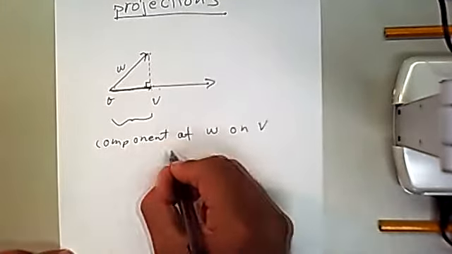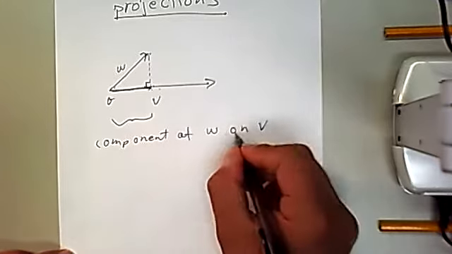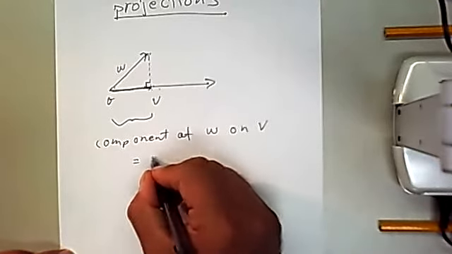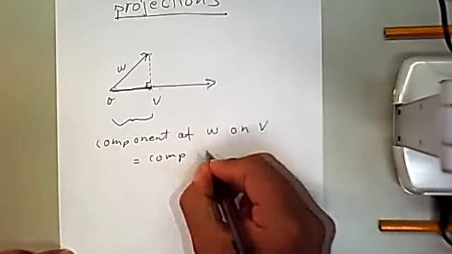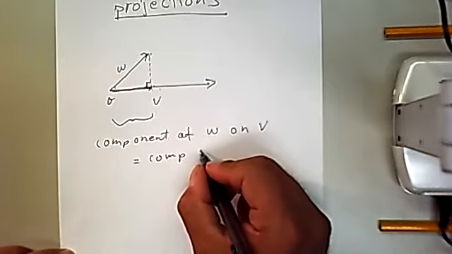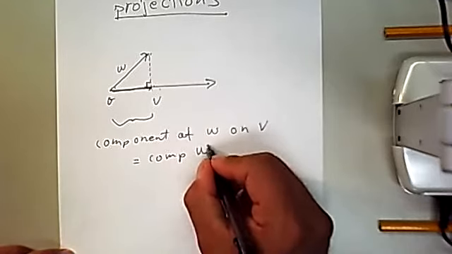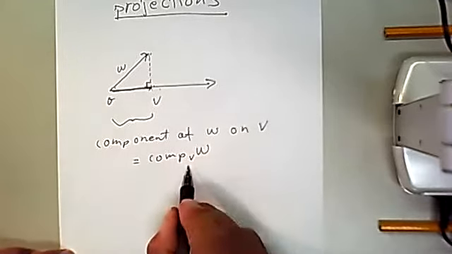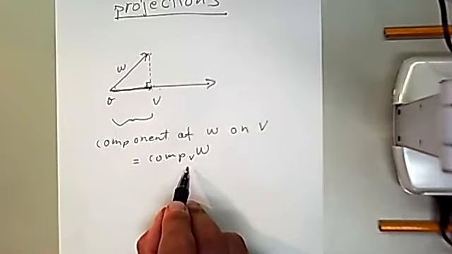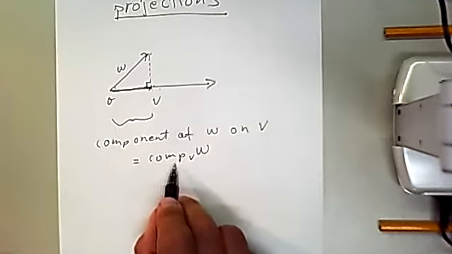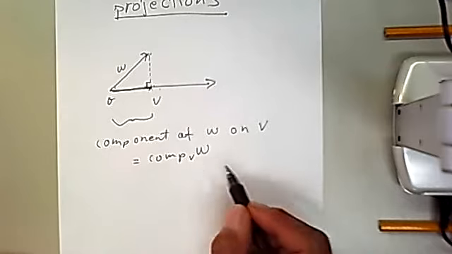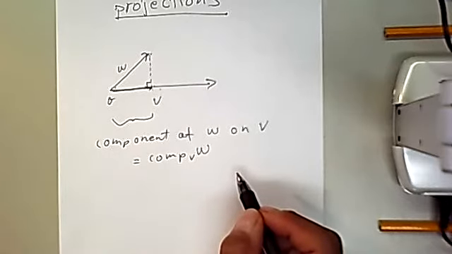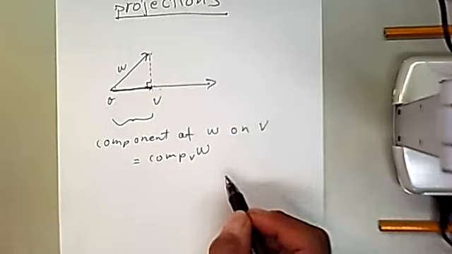The shorthand for this, instead of writing component of W on V, we can just write COMP of W on V. So we write V in a smaller font as a sub-index of COMP, just like a logarithm, where you put the base of the logarithm as a subindex.